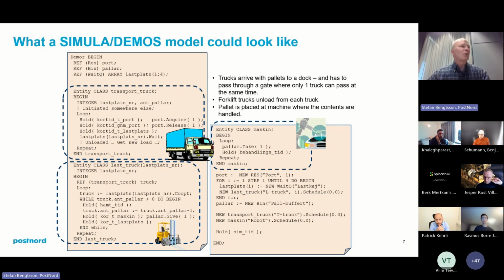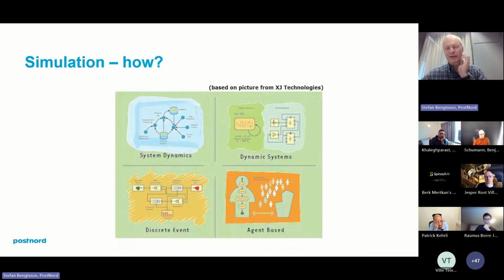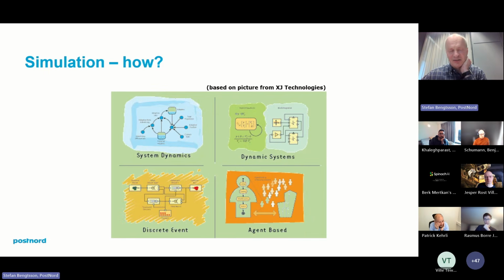So in a way, we had an agent-based approach to address problems. We used a process way of thinking inside the agents, and we linked them together the way we needed, whenever we needed it.